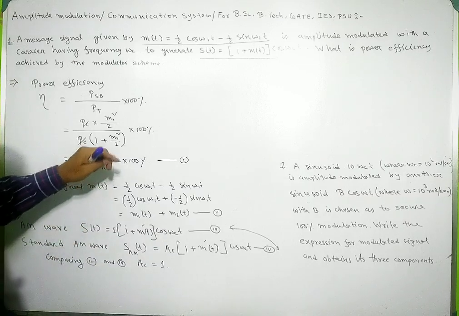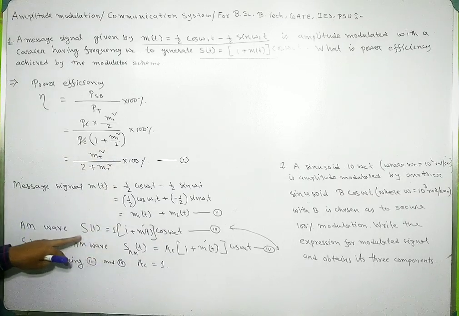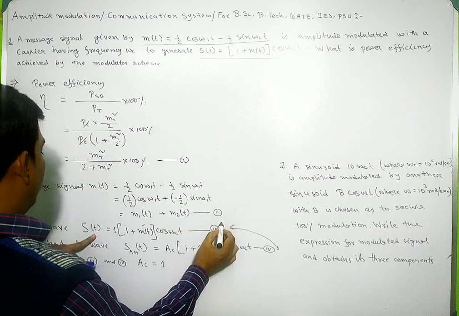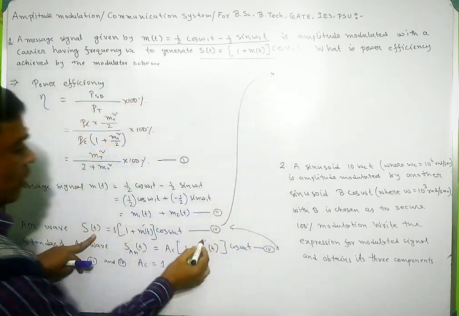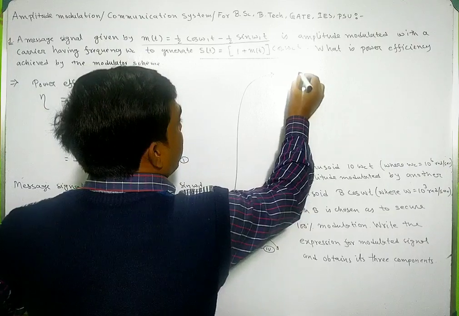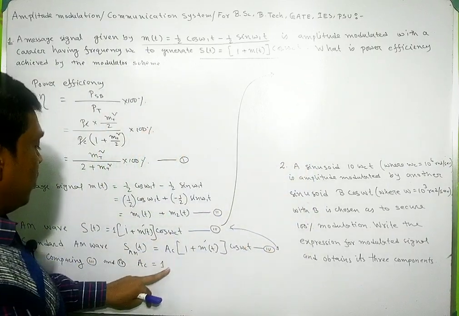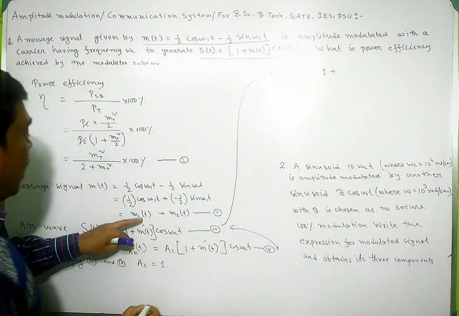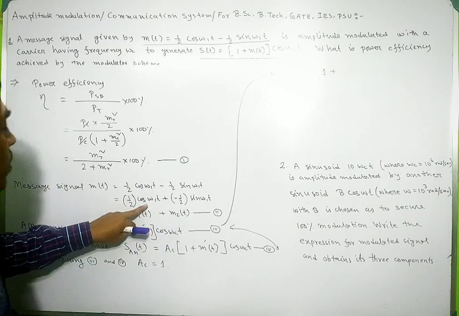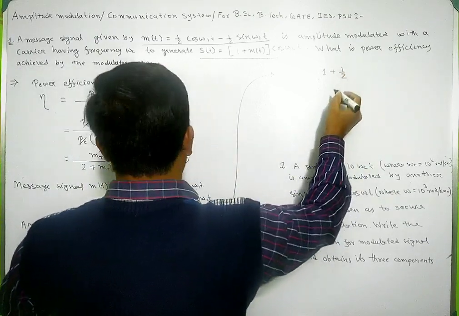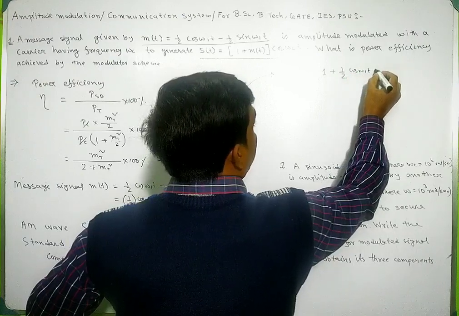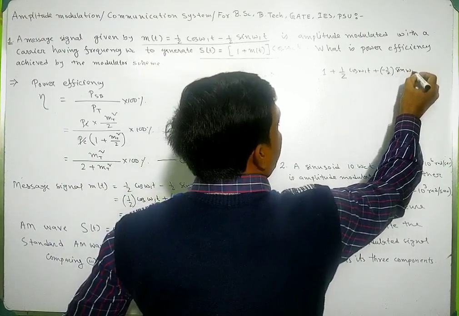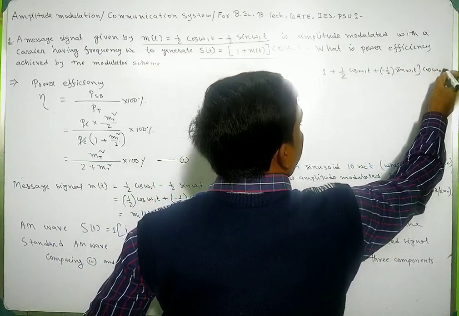Now we will reduce this standard wave s(t). For equation number 3, you can write that s(t) is given by, Ac is 1, so 1 plus m1 t plus m2 t, that means half cos omega 1 t plus minus half sin omega 1 t, into cos omega c t.